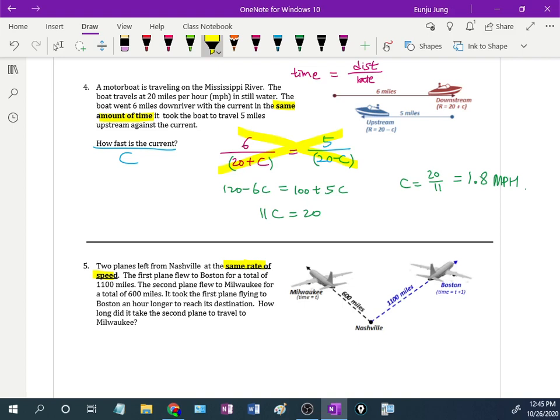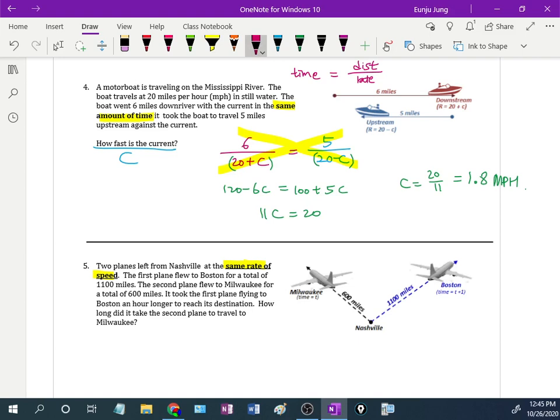Okay, so drawing here. It took the first plane flying to Boston an hour longer to reach its destination. How long? This how long doesn't mean distance, okay? How long did it take the second plane to travel to Milwaukee? So we are looking for the time, okay? So let's set it up.